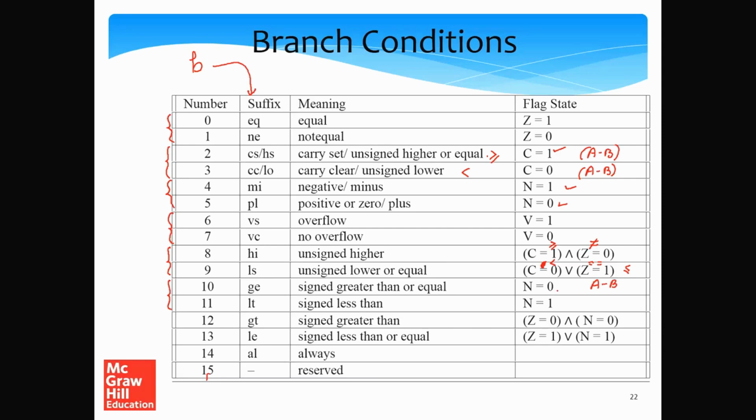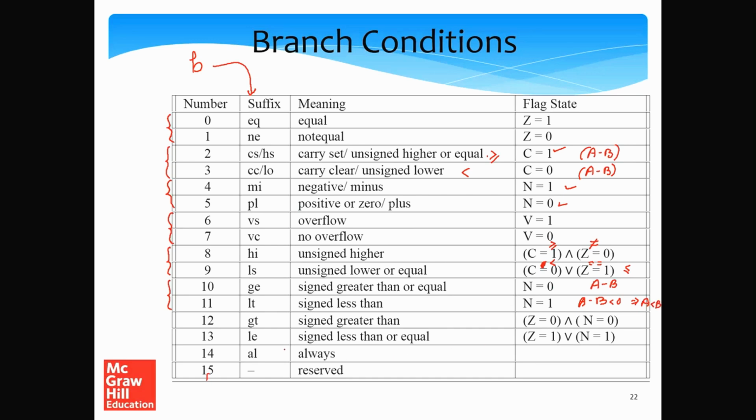If the final result is not negative, then we can say that A is greater than or equal to B. And if the final result is negative, we can conclude that A is less than B. This is the same as saying that A minus B is less than 0, which implies that A is less than B.